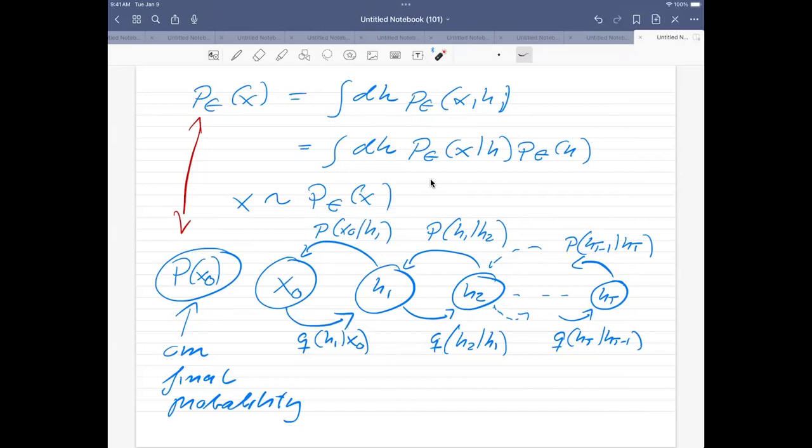But I just wanted to sketch to you the way these diffusion models are set up. The mathematics here is a little bit more involved than what you have seen before. And I'm going to refer you to many of the technical details in the research literature. So let me now switch back to the Jupyter notebook.